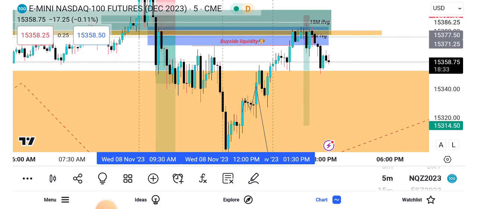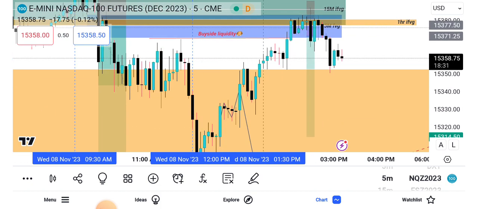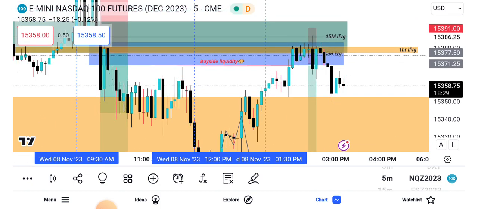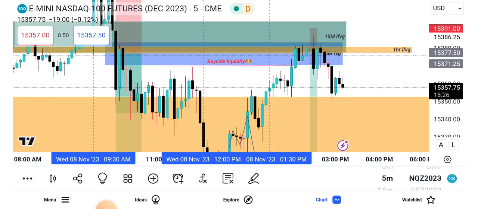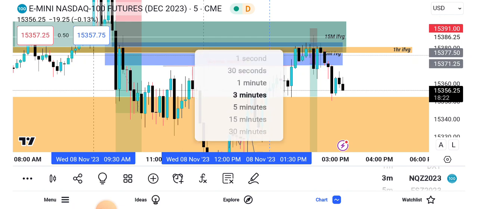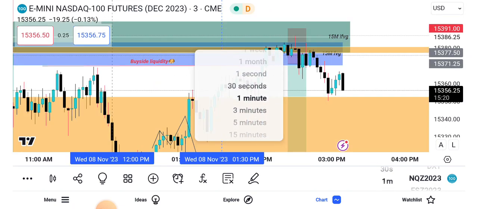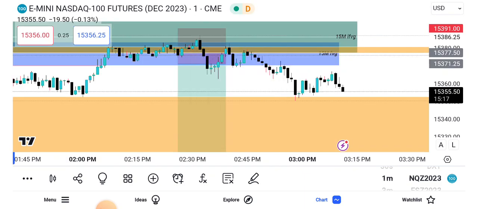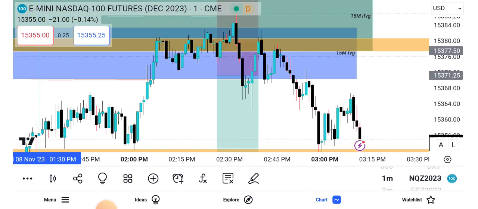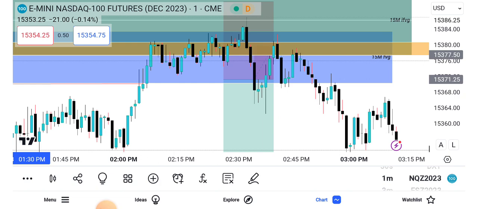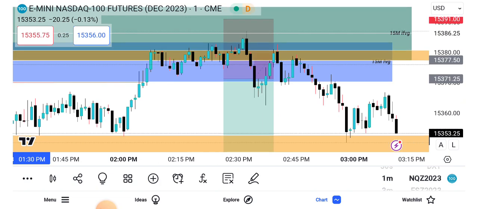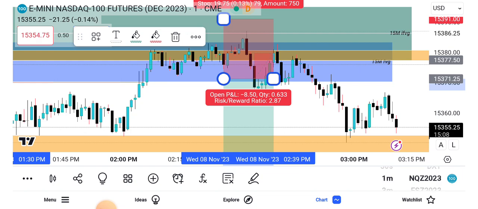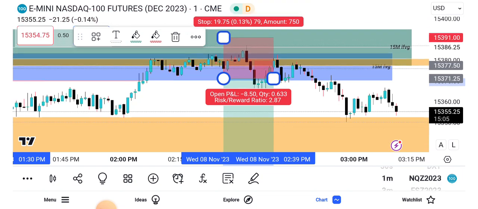From there I wanted to see how price really reacts. My entry, I guess, was on the 1 minute time frame, because it was at a key level where I saw this market structure shift.